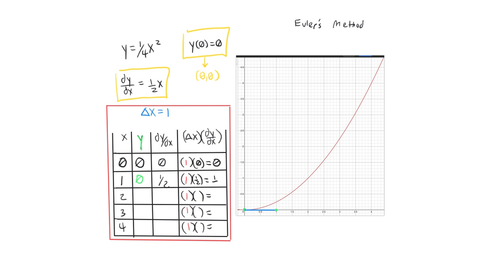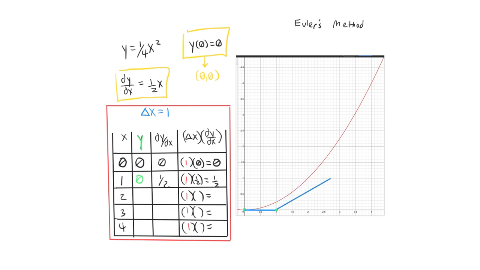Obviously, that's 1/2, right? So what that means is we're going to have a slope of 1/2 emanating from this point, all the way across the step size. I'm going to go ahead and try to draw that one. 1/2 would be up 1 over 2, right?